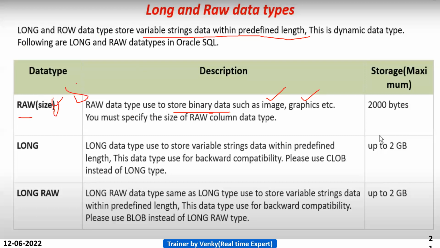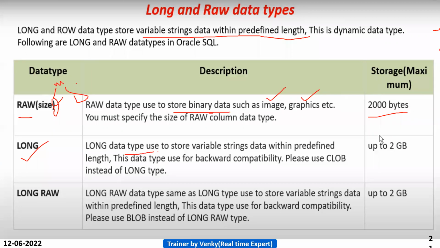This parenthesis indicates that it is mandatory. Raw data type is used to store binary data such as image, graphics, audios and some large blocks. Same as BLOB, right? But here the maximum size it will allow is 2000 bytes.